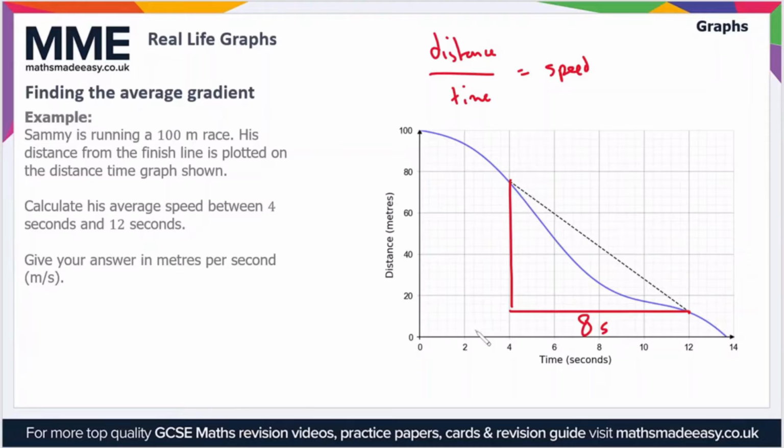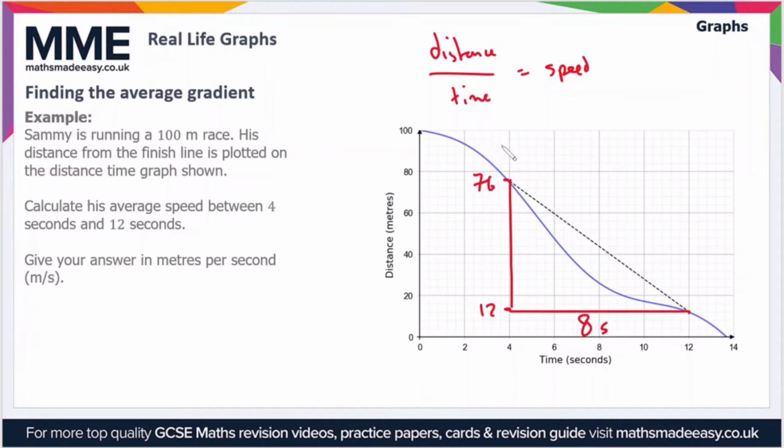Now we've got 5 small boxes per large box, and the increments go up in 20 per large box, so that means that each small box is 4 meters, and we go from this point here, which is 3 tall, so that's 12 meters. And if we go right up to the top, the value here, well, that's 1 box less than 80, so that's 4 less than 80, so that's 76.